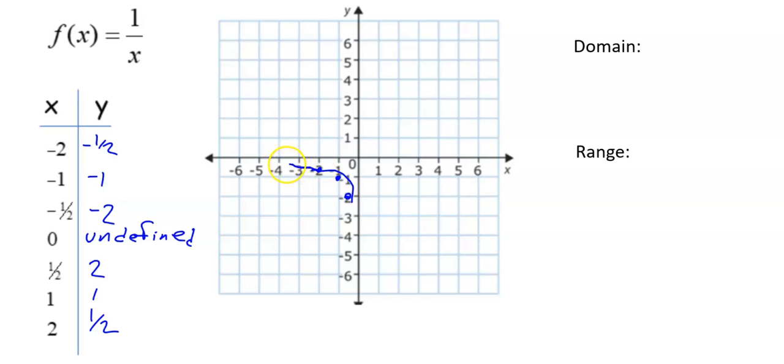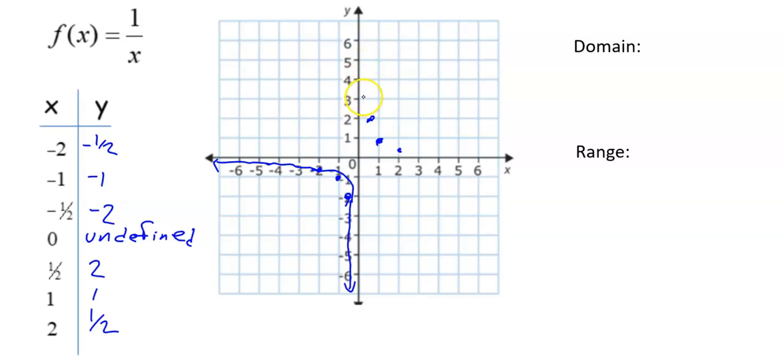And then, of course, we're going to get closer and closer to y equals 0, the x-axis, but we're never going to cross it. We are also going to get closer and closer to the y-axis, x equals 0, and never cross it. Then we're going to pick up our pencil, and we're going to come to the other side. 1/2, 2, 1, 1, 2, 1/2.